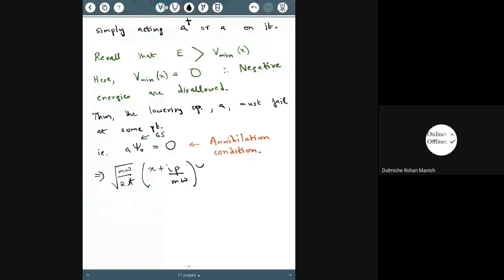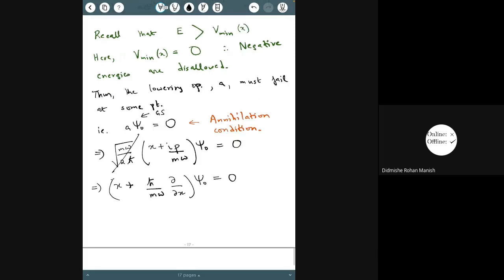So x plus h cross over m omega, where p is equal to minus i h cross del x. And then minus i squared is plus 1. Then h cross by m omega del x, acting on psi 0, equals 0.